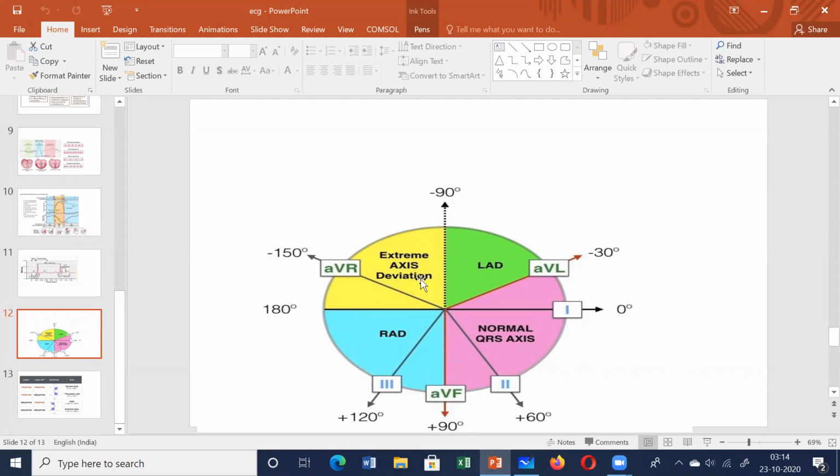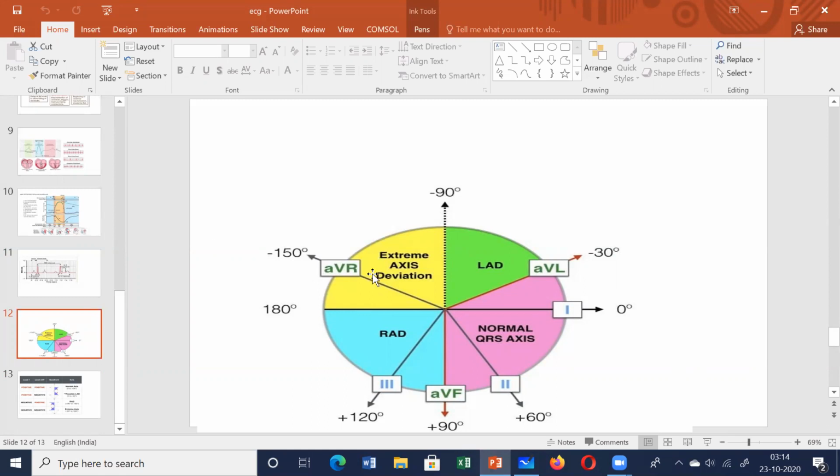And if you can see this yellow color, if the axis lies between -90 and 180, it indicates extreme axis deviation. Sometimes this can occur if the patient has dextrocardia, or if there has been misplacement of the leads, such as reversal of the electrodes of lead 1 and lead 2. That can also lead to extreme axis deviation.